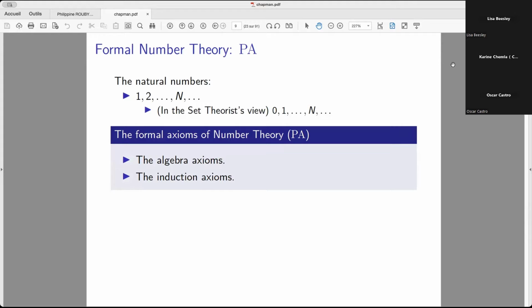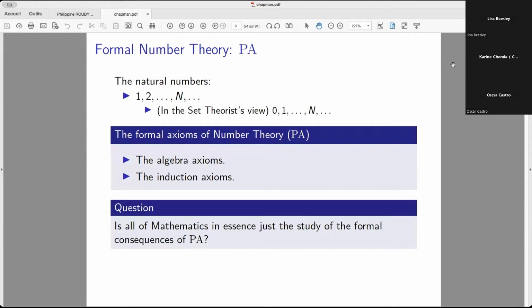They just say if you have a formal property of numbers, and there are numbers with that property, there's at least one. So the question is, is all of mathematics in essence just a study of the formal consequences of PA, independent of how we visualize it? Is that all that's going on? Well, if that's true, where does that leave infinity?